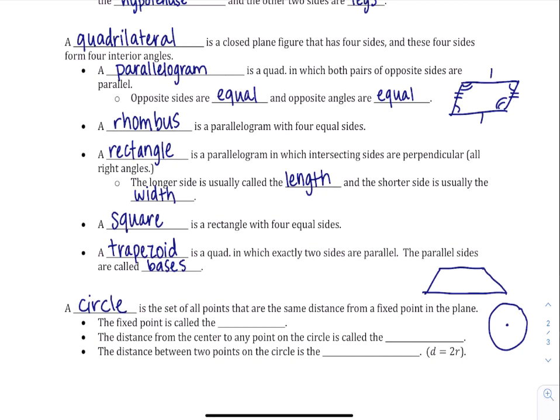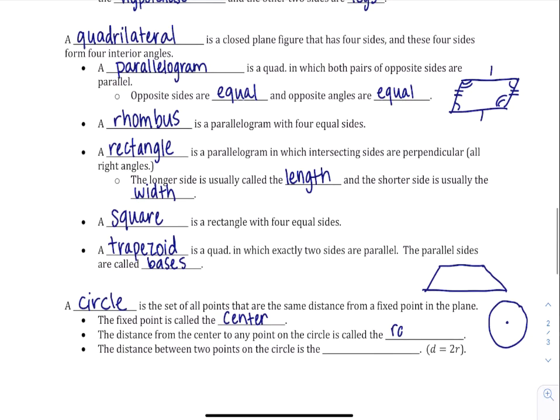That center point is called the center, and the distance from the center to any point on the circle is going to be called a radius. So a radius would be that. And then if you were to find the distance between 2 points on the circle that goes through the center, that would be called the diameter. And a diameter is equal to 2 radii.